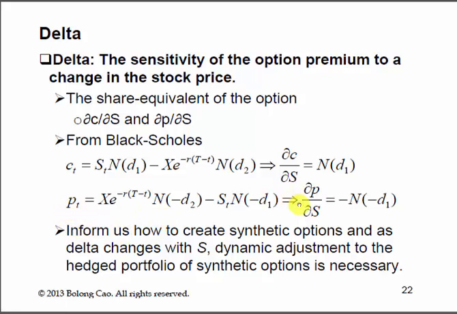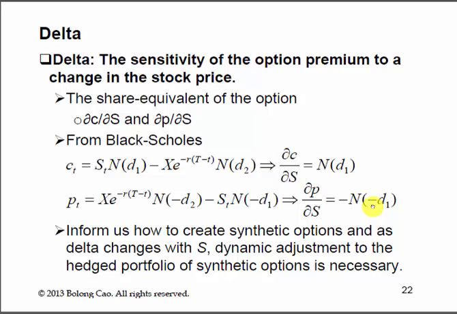Delta in a put option is minus N(minus d1). So the kernel here is minus d1, and it's the minus of the cumulative density function. We know that the cumulative density function has a value between 0 and 1. So when you have minus something that is positive for sure, we know the delta for put is negative.